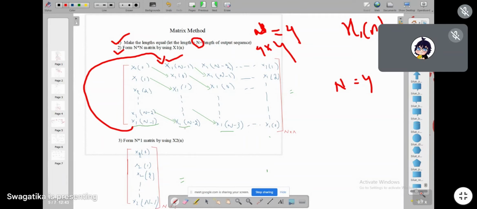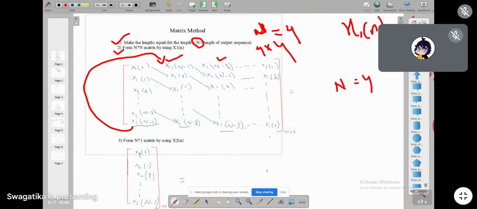Now the last element of your second column is x1 n minus 2. Now x1 n minus 2 will be shifted here. Again n minus 1 will be shifted to the second row, and x1 0 which is in the second row will be shifted to the third row. Similarly the other elements will be shifted.